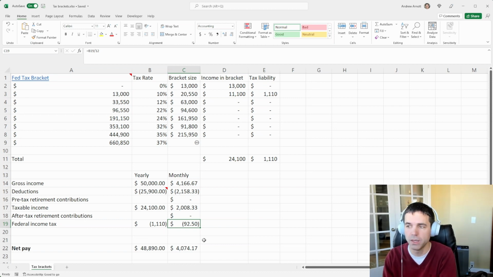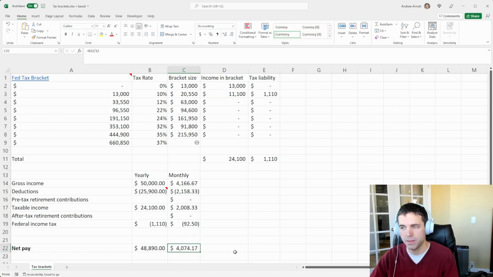If you're self-employed, a lot of these same numbers still apply, but the process is a little different. Your employer was withholding from your paycheck. If you had a monthly paycheck, it would normally be $4,100, but they withhold $92.50 and give that straight to the IRS, leaving you with a monthly paycheck of $4,074.